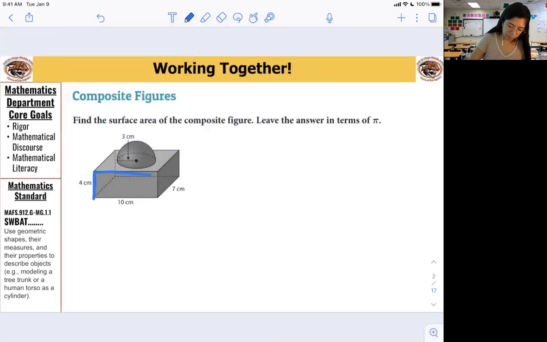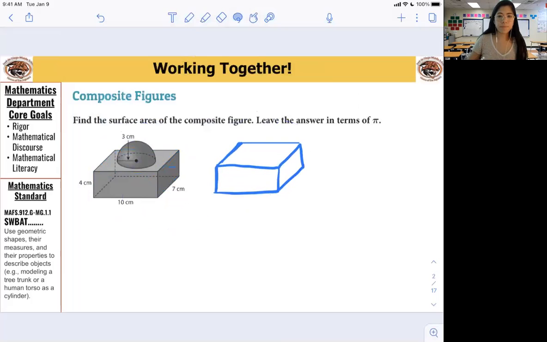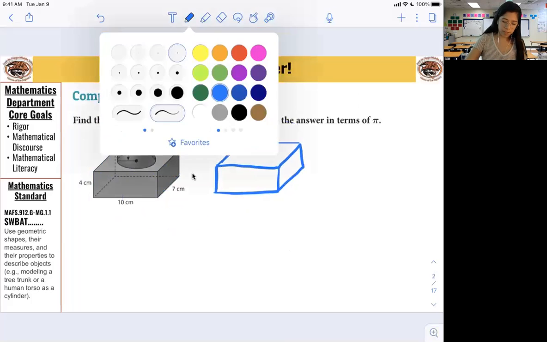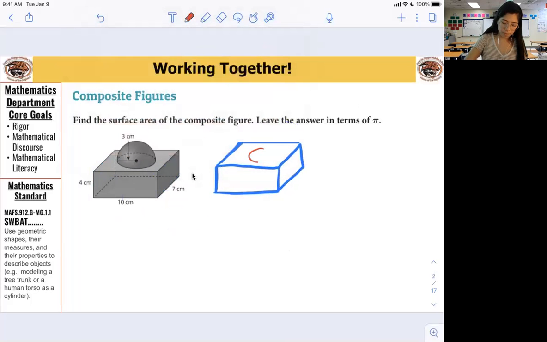Let me take this rectangular prism and draw it out real quick. When I take this rectangular prism out, I'm going to be calculating the surface area except for this circle right here in the middle, because the hemisphere is sitting on top of it.